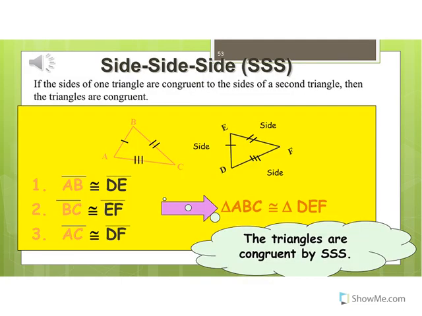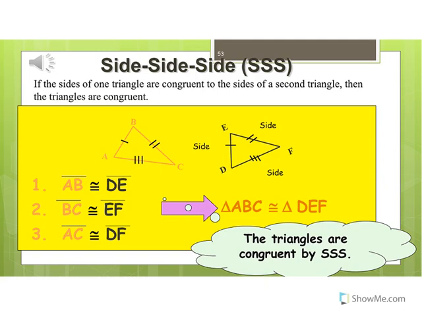So we need to show only 3 of these, not all 6. Okay, so here is the theorem for side side side. If the sides of one triangle are congruent to the sides of the second triangle, then the triangles are congruent. So here we're able to show that segment AB is congruent to segment DE, and segment BC is congruent to segment EF, and segment AC is congruent to segment DF.